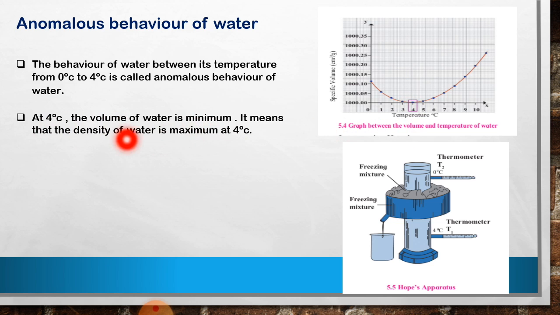As the formula says, density is equal to mass upon volume. तो जब density ज़्यादा हो जाती है तब volume कम हो जाता है.